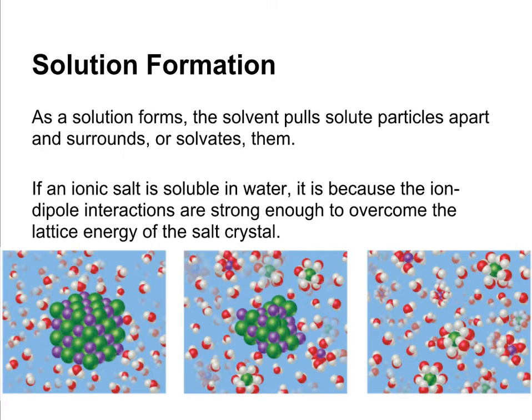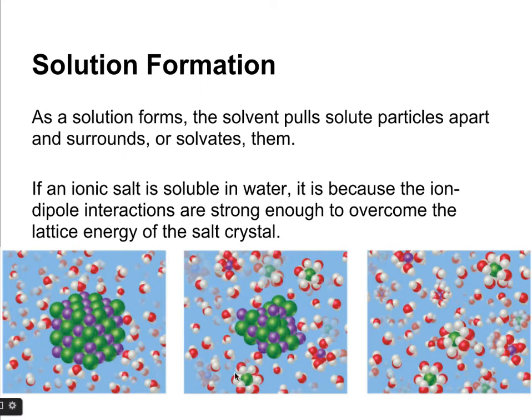So if we look at an ionic salt like sodium chloride and water, it dissolves because the ion-dipole interactions between the polar water molecules and the sodium and chloride ions are strong enough to overcome the lattice energy of the salt crystal.